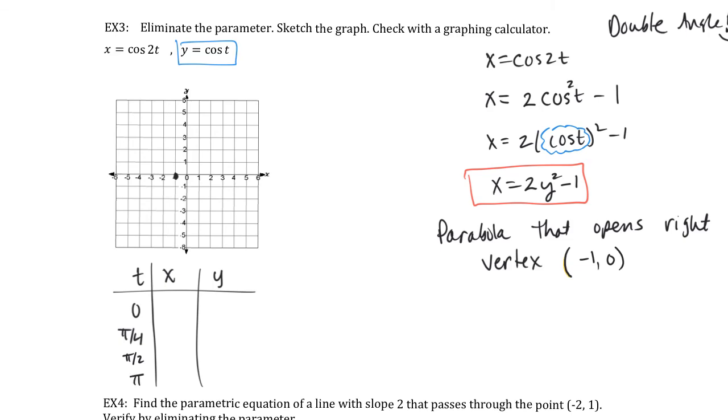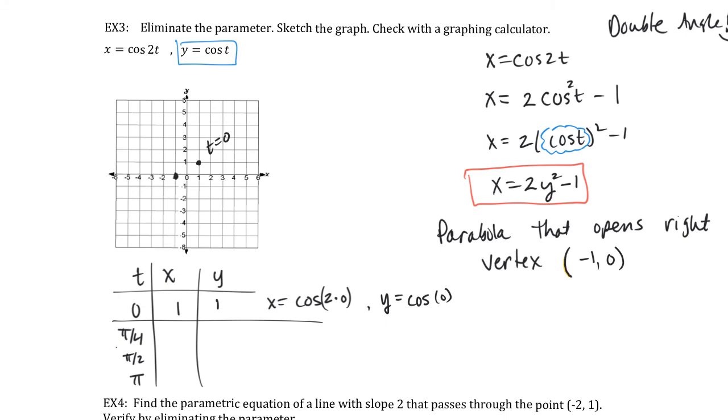Okay, so x is cosine of 2t, so cosine of 0, that is 1. And now our y is defined as cosine of t, so cosine of 0, that is 1. So there's our beginning point at t equals 0.